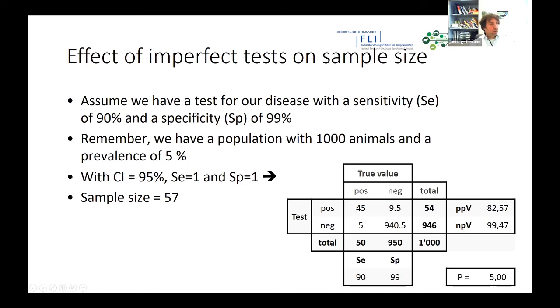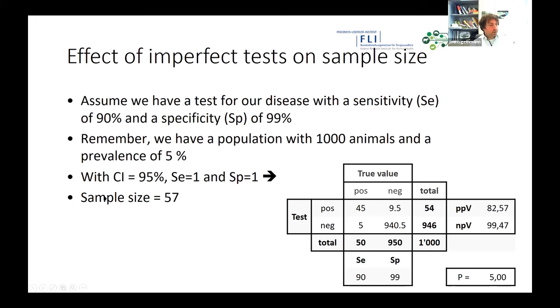So assume we have a test for our disease with a sensitivity of 90% and a specificity of 99%. And just remember, we still have our population with 1,000 animals and a prevalence of 5%, with a confidence level of 95% and a sensitivity and specificity of 1.